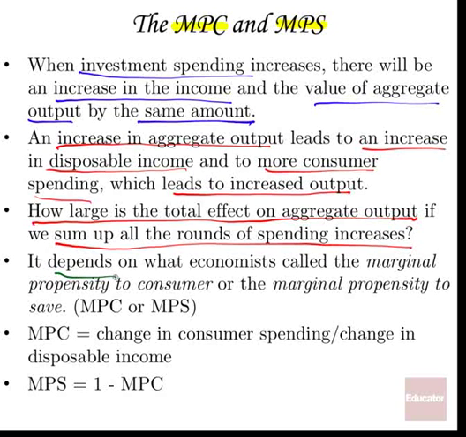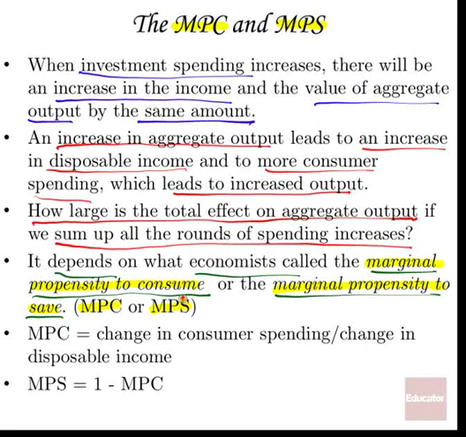The answer really depends on what economists call the marginal propensity to consume and the marginal propensity to save. Your marginal propensity to consume, and conversely the marginal propensity to save, is really going to determine how much money is multiplied into the economy.